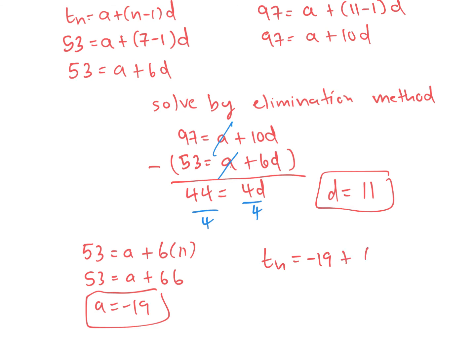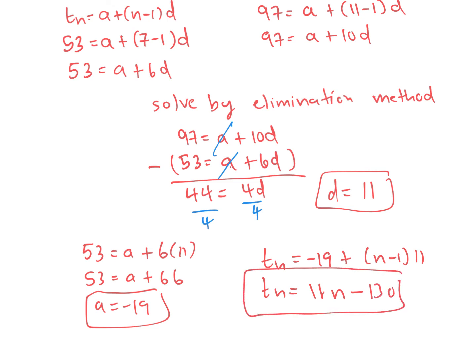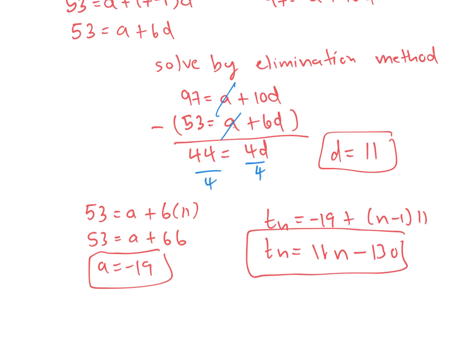The common difference is 11. And then we'll just expand and collect like terms. So 11n minus 130 is my general term. And then remember the question asks for the 100th term. So we'll just put in 100. And that works out to be 970.